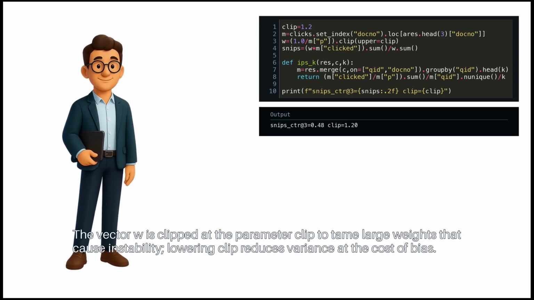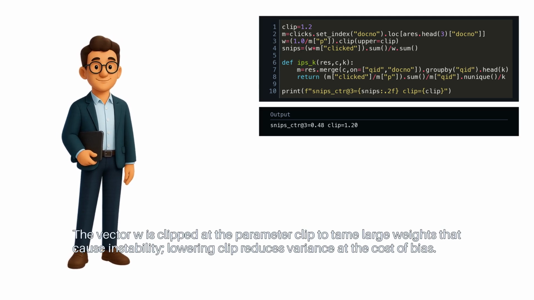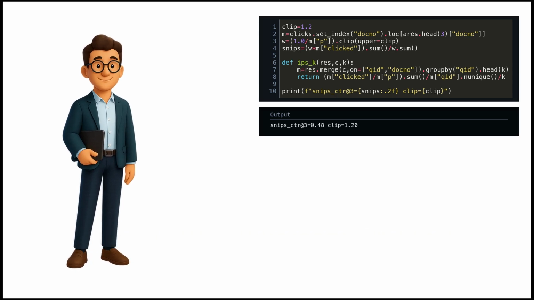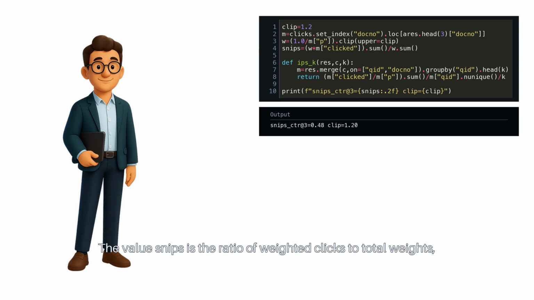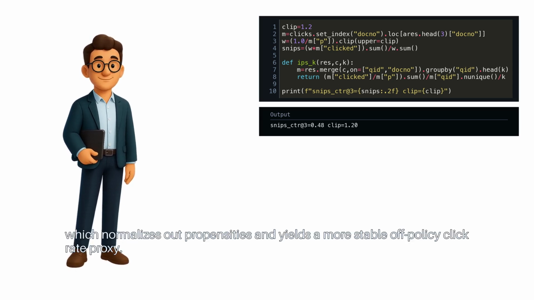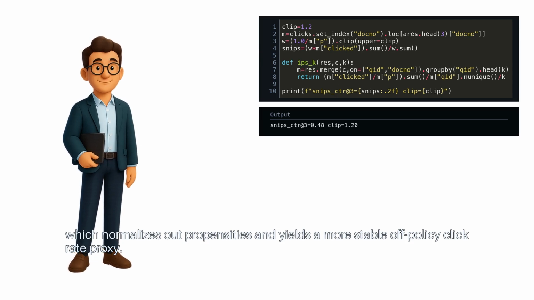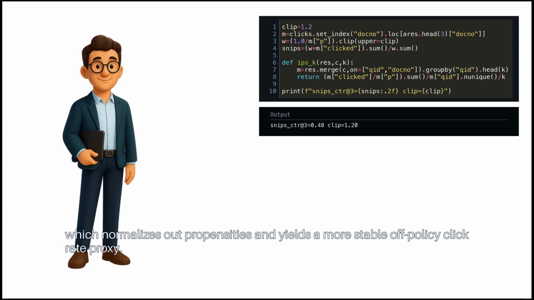The vector W is clipped at the parameter clip to tame large weights that cause instability. Lowering clip reduces variance at the cost of bias. The value SNIPS is the ratio of weighted clicks to total weights, which normalizes out propensities and yields a more stable off-policy click rate proxy.